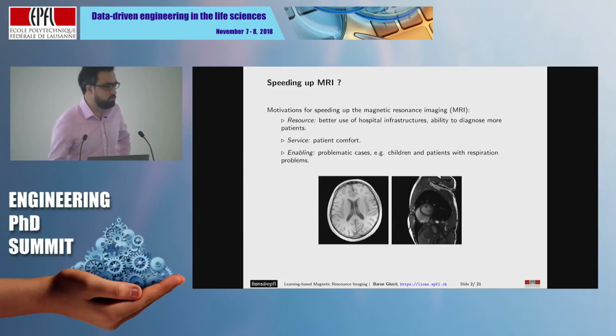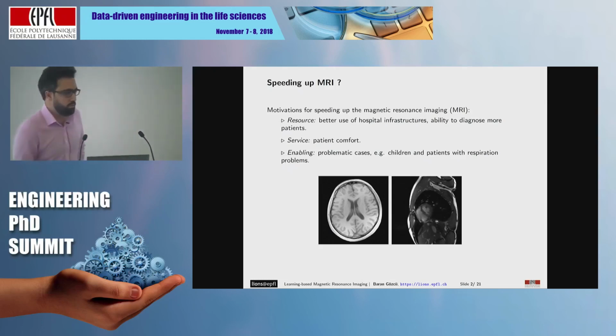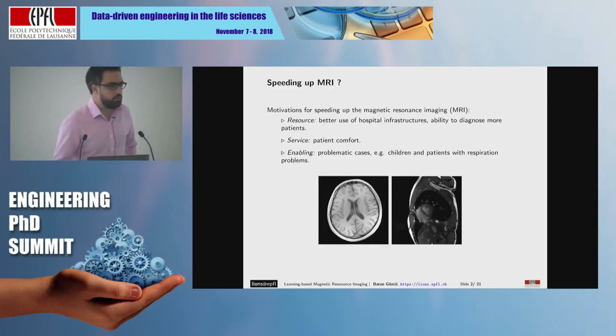It has the advantage of not having radiation, but the disadvantage is that it is slow. In some applications, for example, it can take up to an hour, and that's why it is important to be able to speed up the magnetic resonance imaging scans.